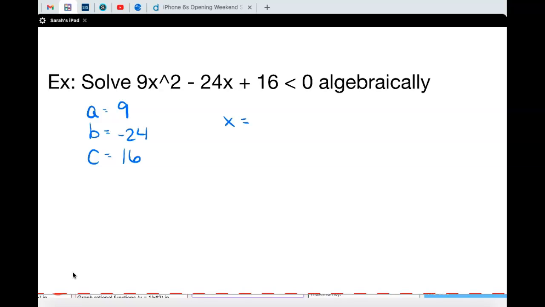So you're gonna have x equals, since it's a negative, we could change it to positive 24, plus or minus the square root of b squared minus 4ac.